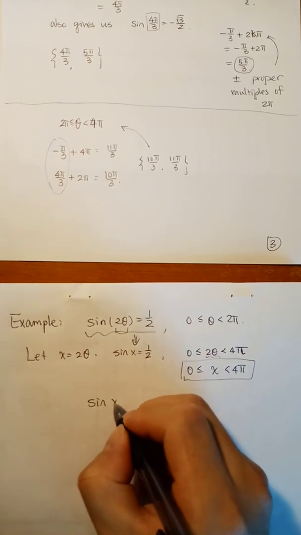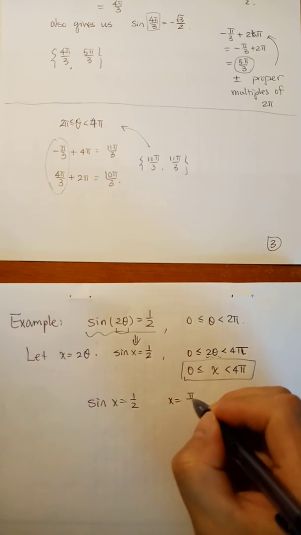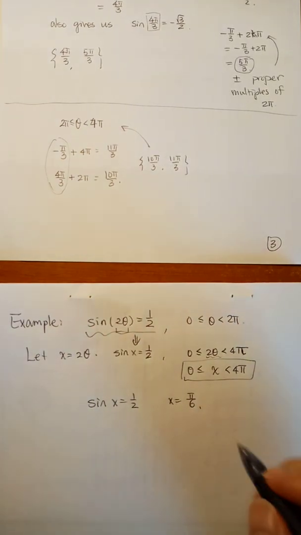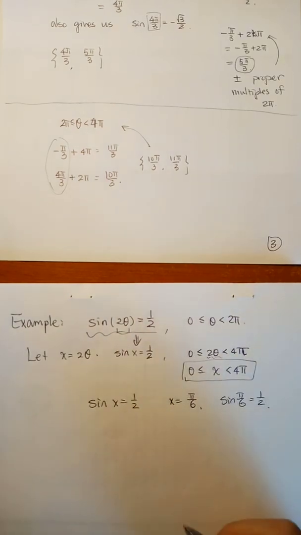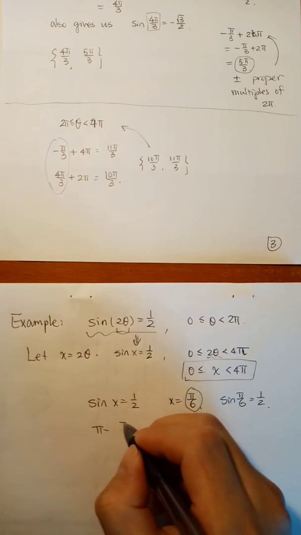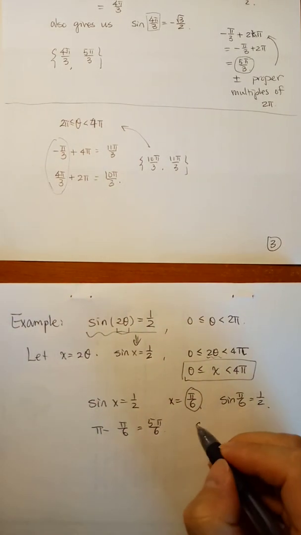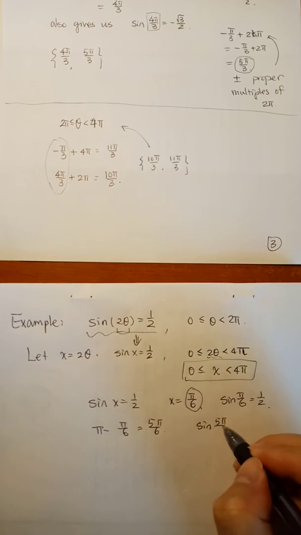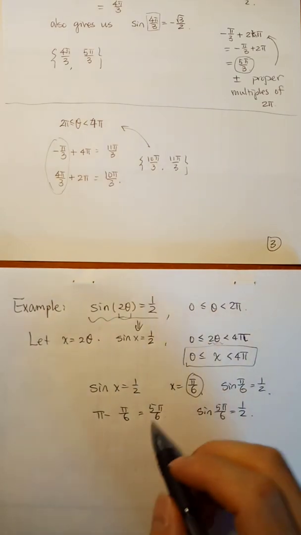Okay, so now let's just check. Sine x is 1/2. So you first get x is pi over 6. Sine pi over 6 is 1/2. When you have pi over 6, you use pi minus pi over 6, 5 pi over 6. So sine 5 pi over 6 is 1/2. Okay, so then what do we get?